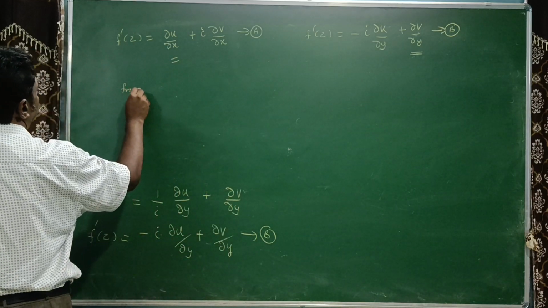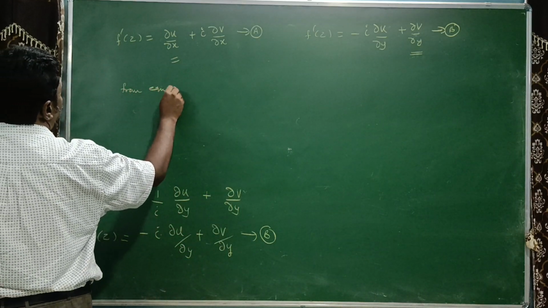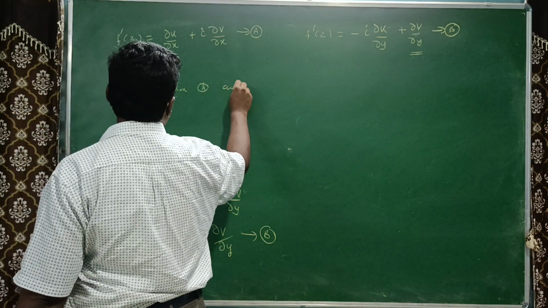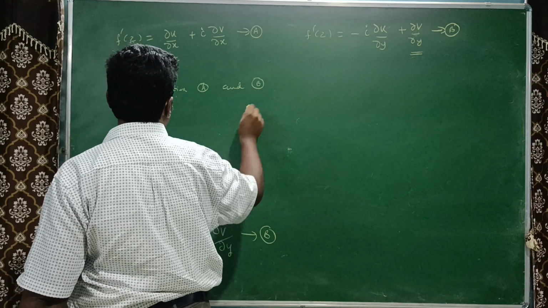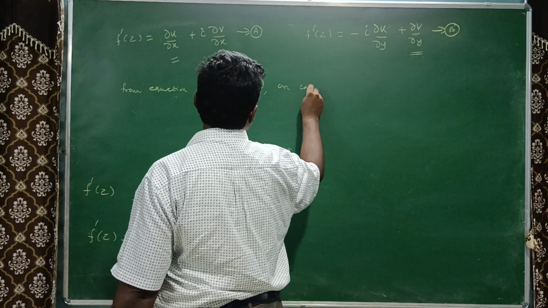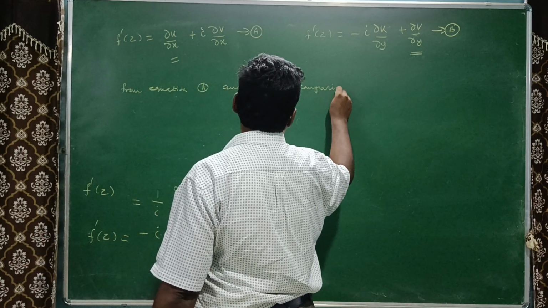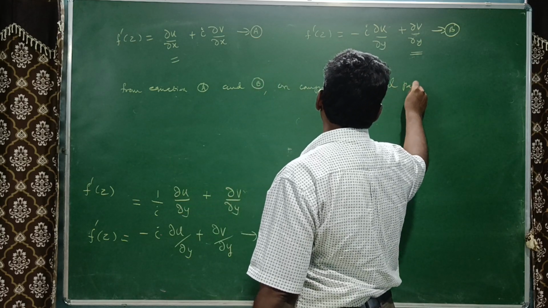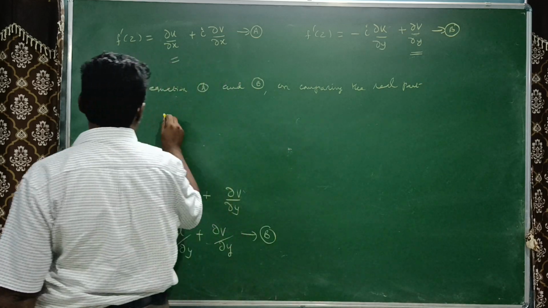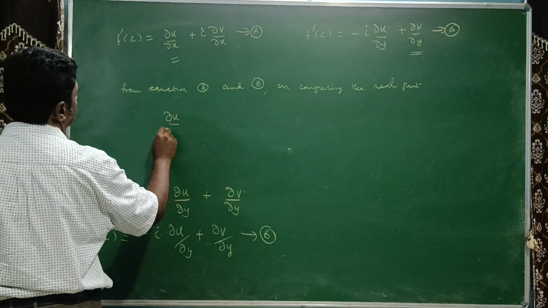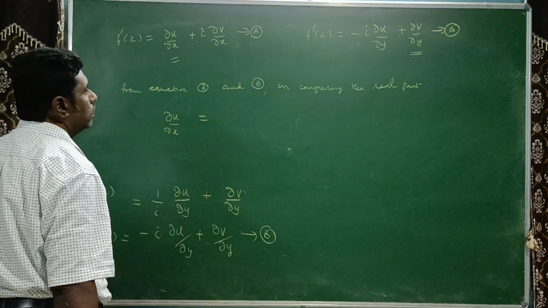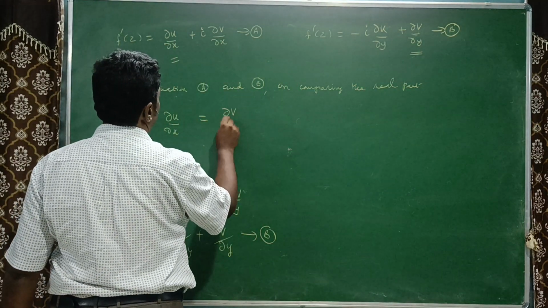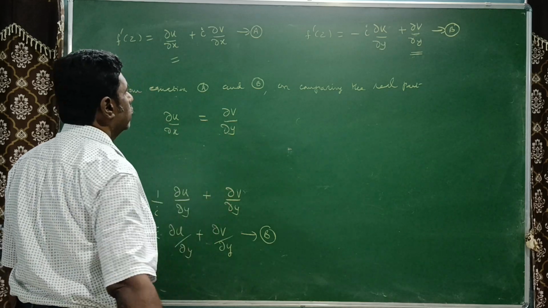From equations A and B, on comparing the real part, ∂u/∂x equal to ∂v/∂y.